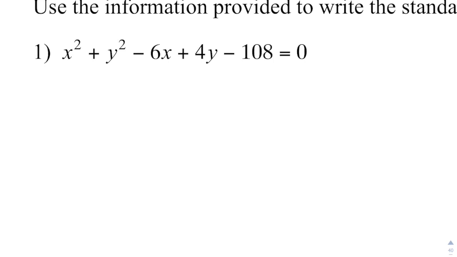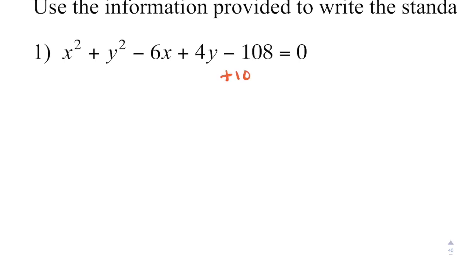What I need to do is add things to this side and add things to this side, or take away from this side and take away from this side, to make it really nice and balanced so that I can just factor it right away. To do that, I need to make sure that whatever I do to one side, I do to the other. So at first, I'm going to rearrange this a little bit.